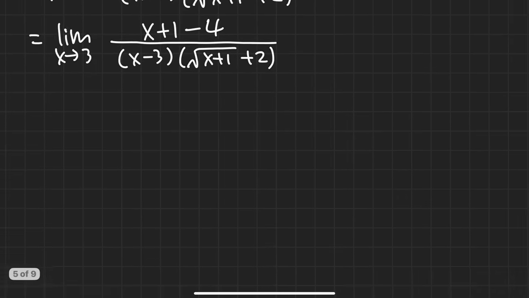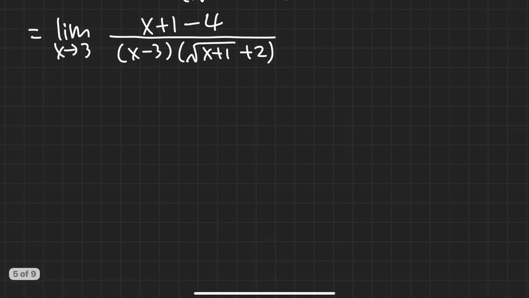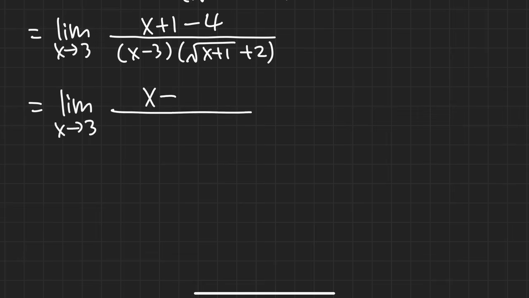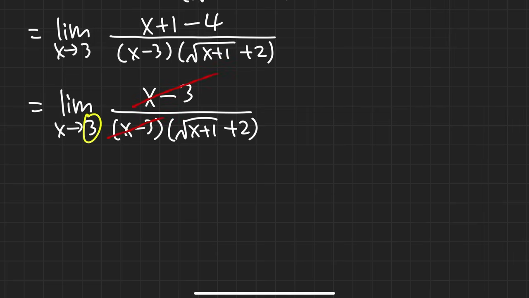Okay, on the top, we have x plus 1 and then minus 4, right? So of course, that's just x minus 3, and then we still have the bottom. And as we can see, as I told you, x minus 3 cancel each other out, right? Then we can plug in this 3 into the remaining x and see what happens.